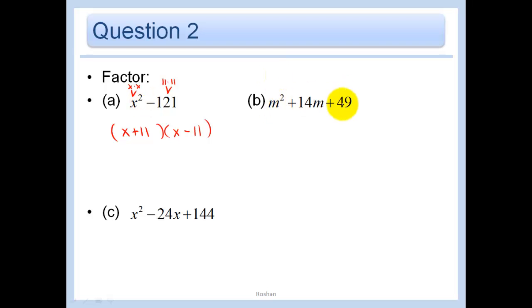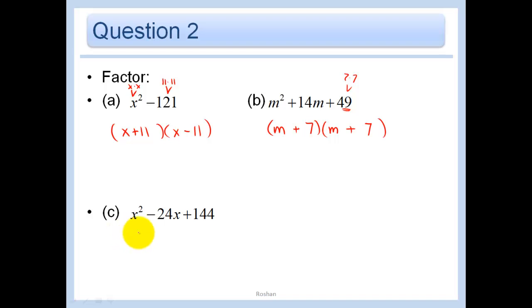In this one, I do recognize that this is 7 times 7. So let me try that out since I'm in this section. m times m, 7 and 7, so plus 7 plus 7. Yeah, that works.